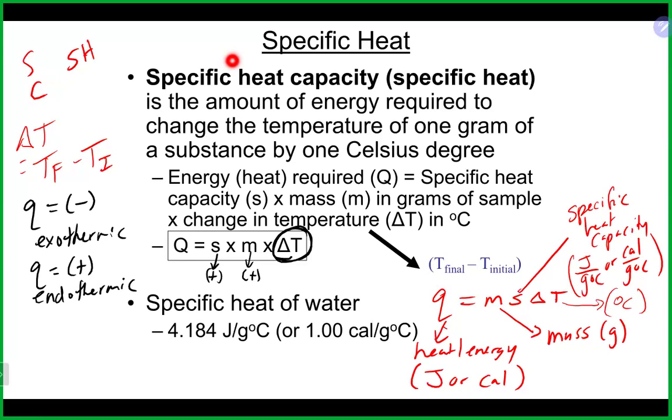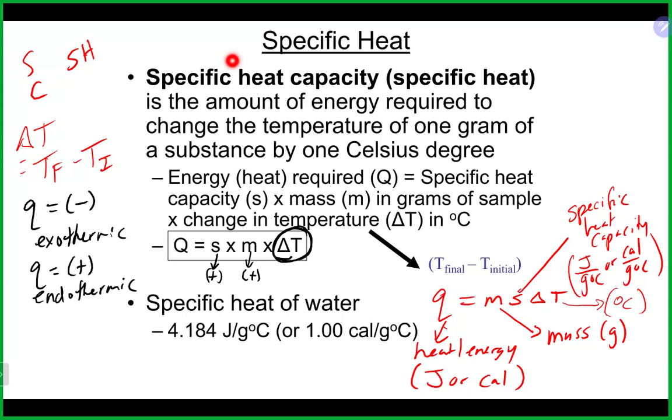So as we talked about earlier, if something absorbs energy, we would expect its temperature to go up, which means its final temperature is going to be larger. If it gives off energy, its temperature value goes down, which means its final temperature value is smaller than where it started.